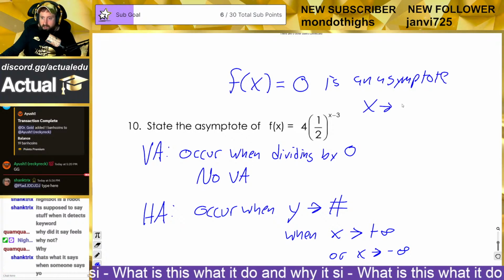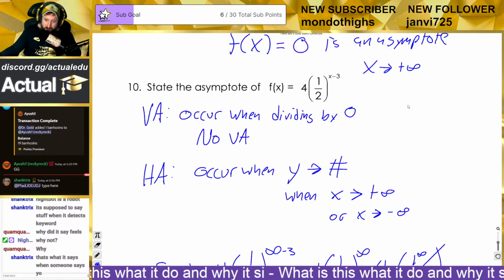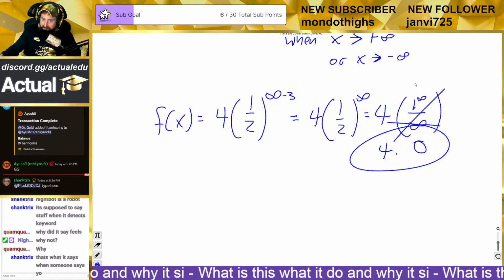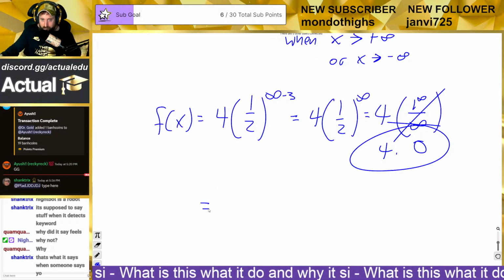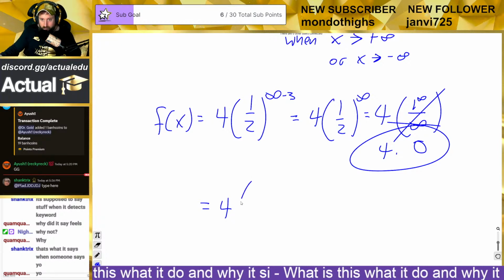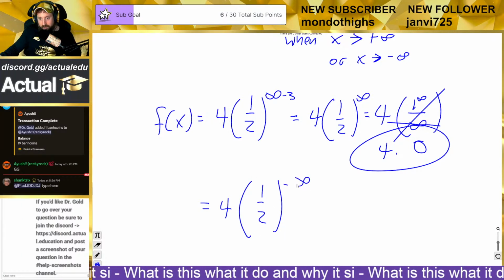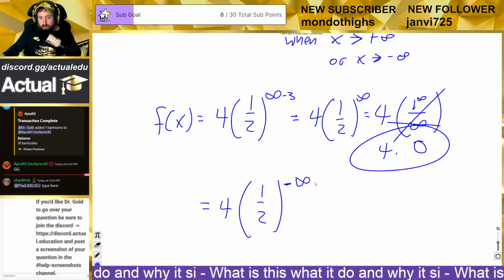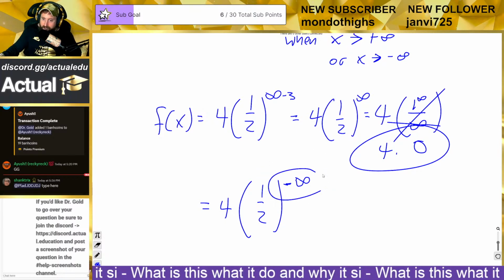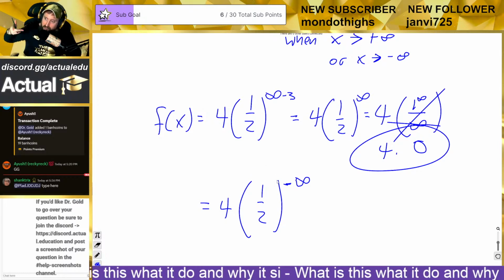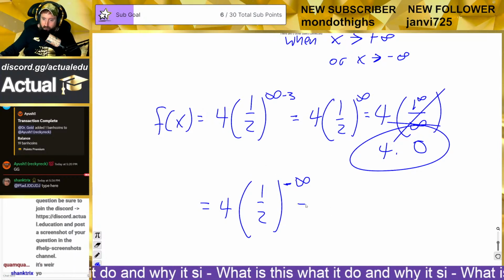As x approaches positive infinity. Now, we're going to be a little tricky here, though, because what would happen as it went to negative infinity? So here we have 4, and then we have 1/2 to the negative infinity. We should recognize that a negative exponent is the same thing as flipping what's inside and making it a positive exponent.